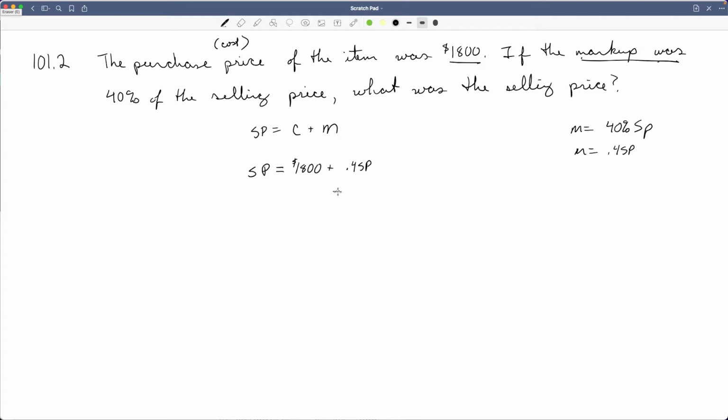So I'm going to subtract 0.4 SP from both sides. And then I'm going to get 0.6 SP is equal to $1,800. Divide both sides by 0.6. And I get that the selling price is equal to $3,000.